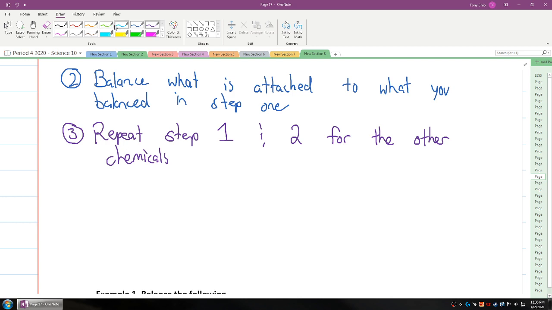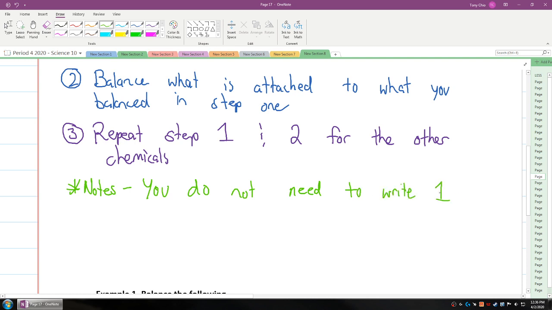Now here are some notes that I want you to keep track of. The first one is you do not need the number 1 in front as a coefficient. Just like in algebra, you don't ever put 1. You do not need to write 1 as a coefficient.